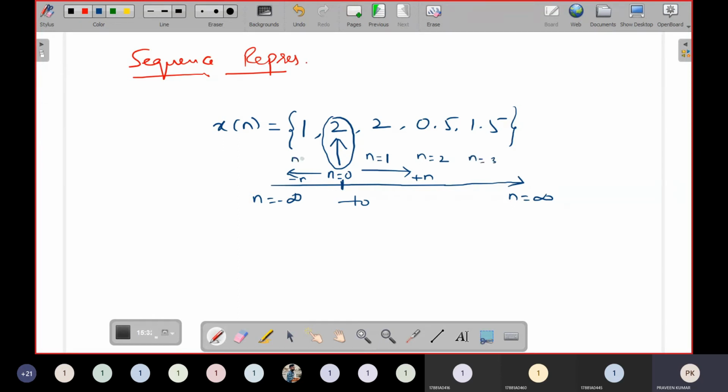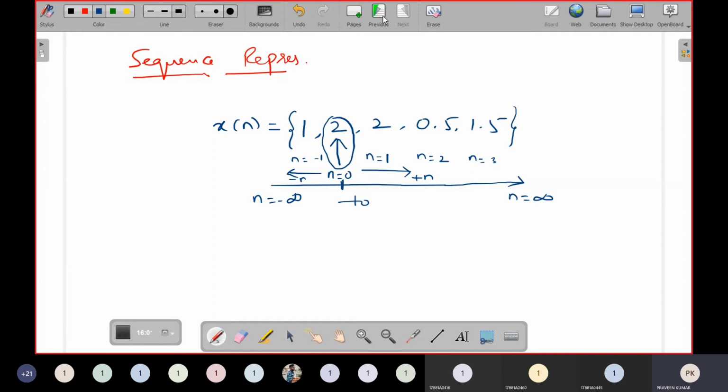On the left side it is n is equal to -1 and n is equal to -2, -3, and so on. By using this arrow we are giving hints to other persons to identify the range of the existing duration of your sequence or signal. Okay, these are the 4 ways of signal representations.